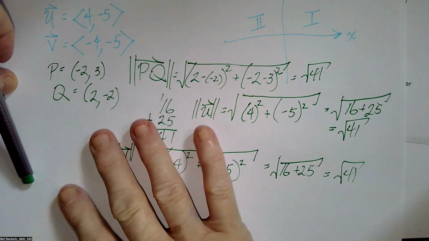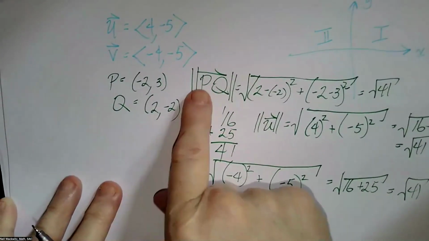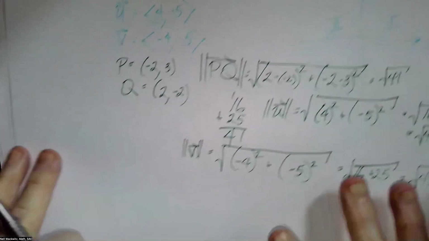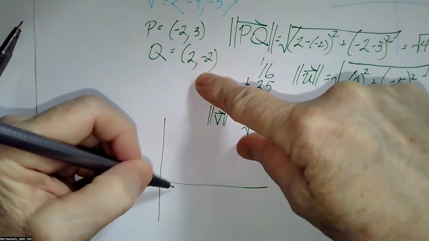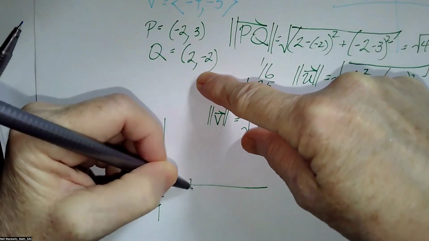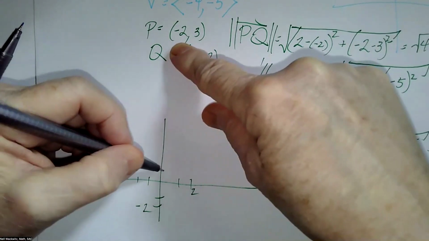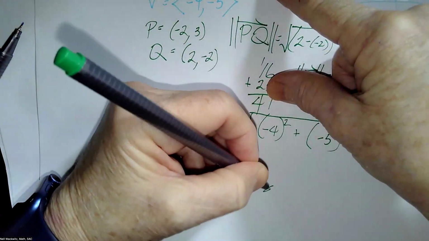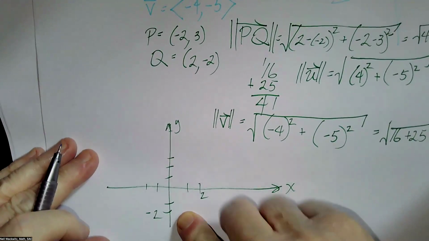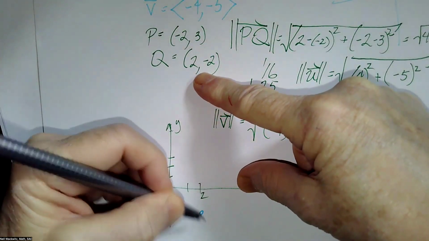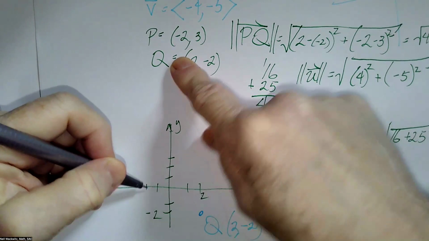Let's find the component form of PQ. We're starting with P and going to Q. Q is 2, -2. P is -2, 3.